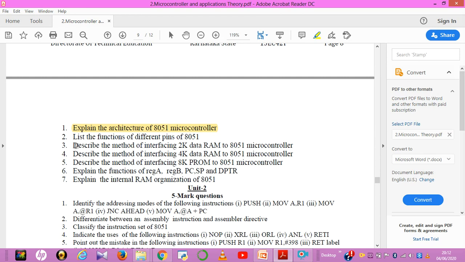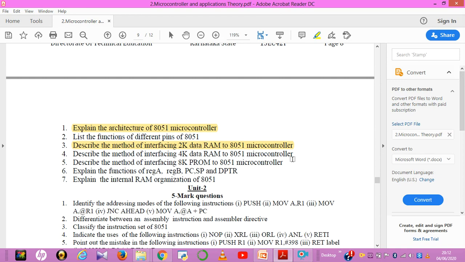Next, describe the method of interfacing 2K data RAM to 8051 microcontroller. Here you have to draw the diagram of the 8051 microcontroller on one side and the 2K data RAM on the other side. Next you have to connect all the required pins used for interfacing.